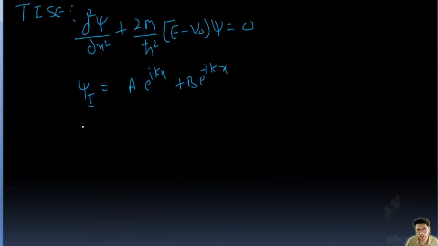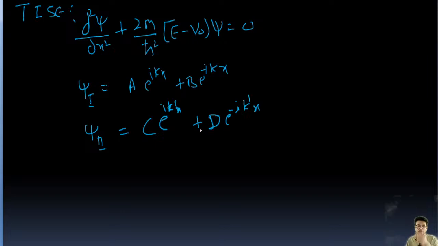And for region 2, psi 2 is going to be C e to the power iota k dash x plus D e to the power minus iota k dash x, because the wavelength gets increased in the potential barrier.